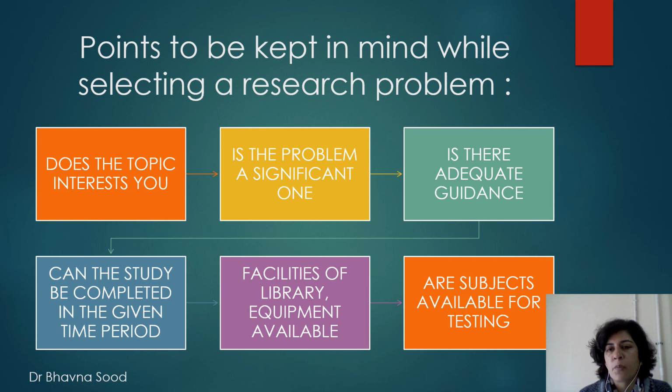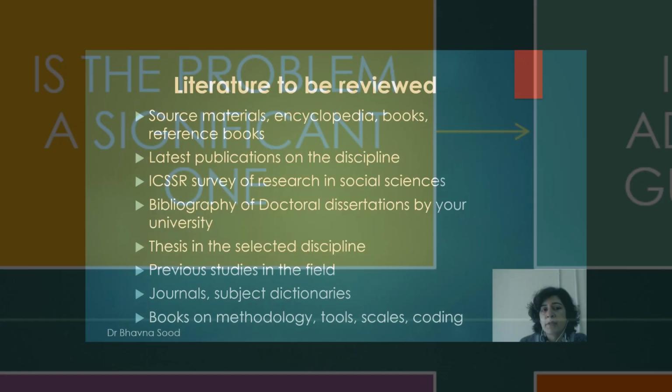Library is very important. You have to go to the libraries because you can't have access to certain books, encyclopedias, which are sometimes not available online. The equipment really helps you, and there are subjects that are, you have to see that where are you going to gather the information.